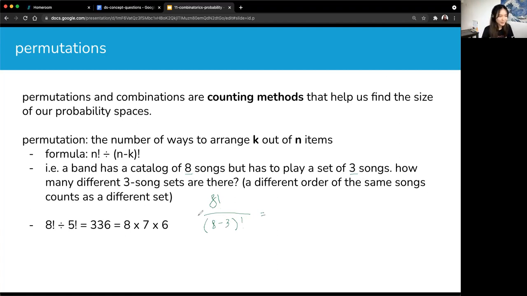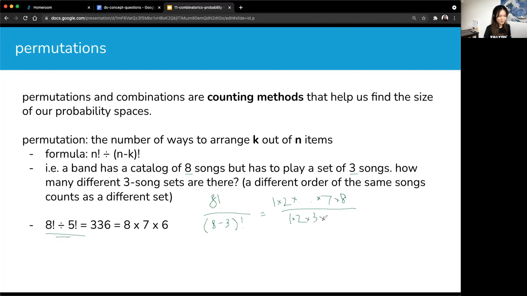Now, another way of thinking about this, if you don't want to do this math, or a simpler way of thinking about the math, if we were to write out the factorial, we have 1 times 2 times so on, so on, so on, times 7 and times 8. And then we divide this by 5 factorial, which is 1 times 2 times 3 times 4 times 5, right?